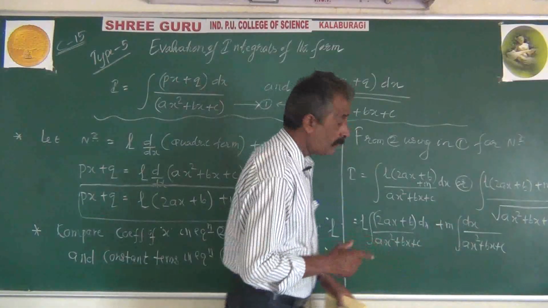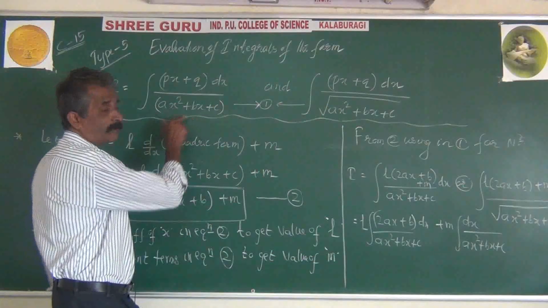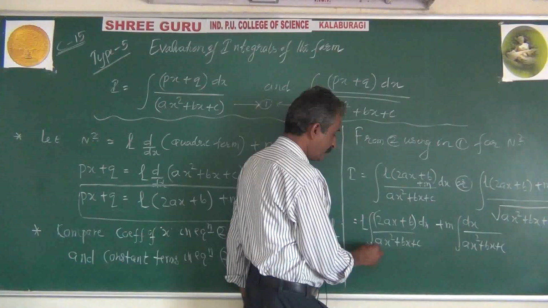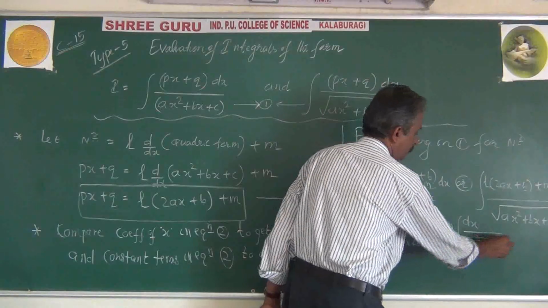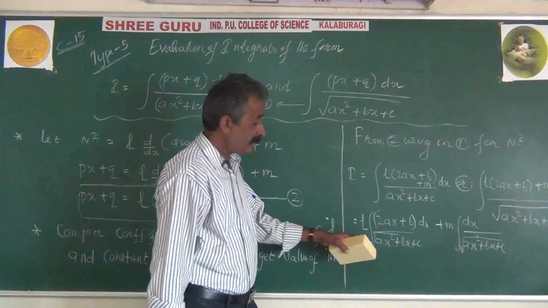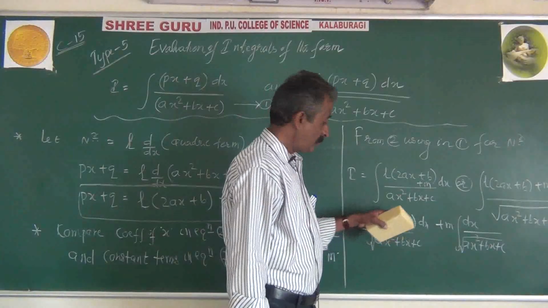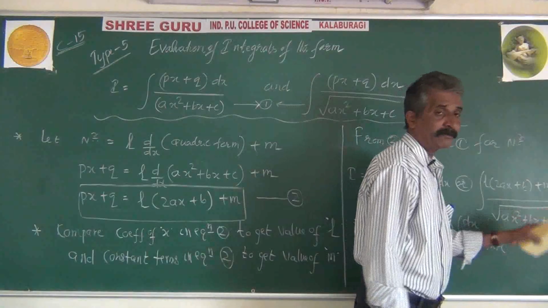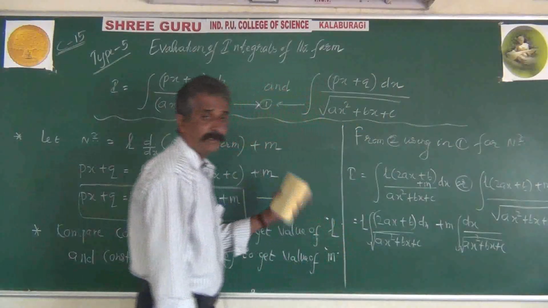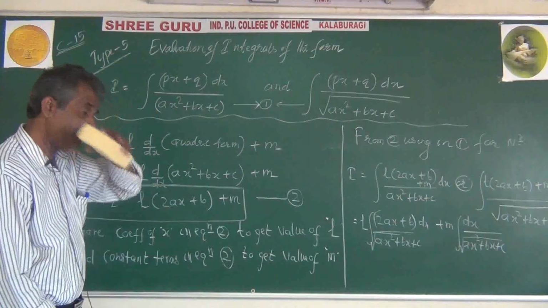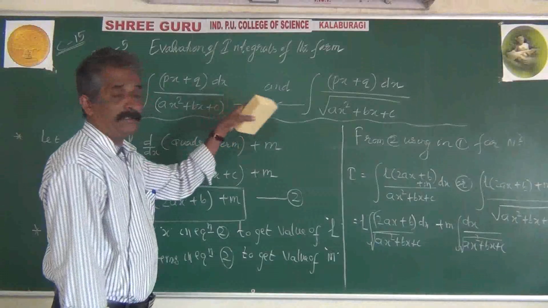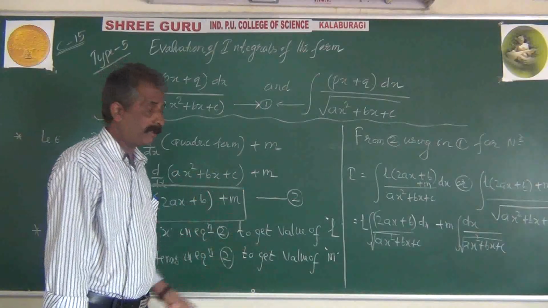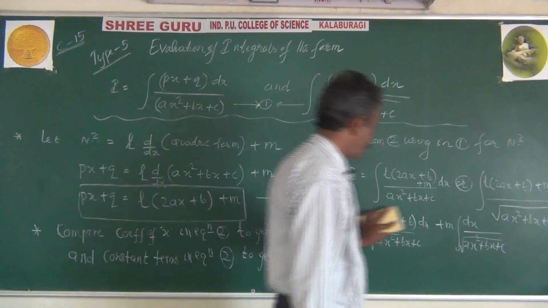If it is given with root, it becomes the form of f dash x by root of f of x, giving 2 root of f of x. Here apply the method of completion of square to get the final answer. Hence, in either of these two cases the method remains the same; only the final applied integration formulas are different.